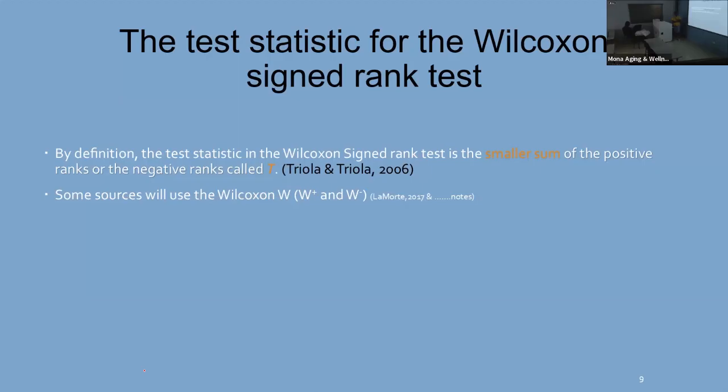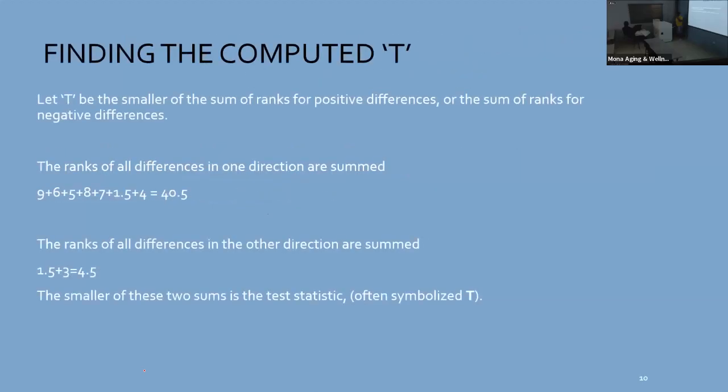When you've taken the sum of the negative ranks and the sum of the positive ranks, whichever is the smaller of the two is going to be your computed value. That's the value you're going to compare to the value from the table of critical values. Yeah, that's the right term. So you may see uppercase T or uppercase W for the symbol.